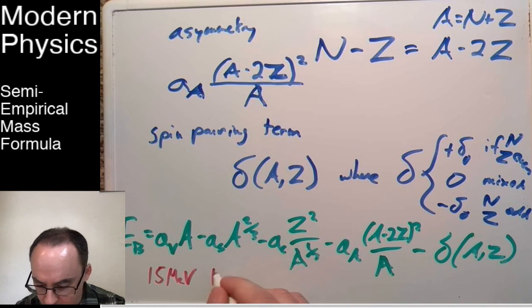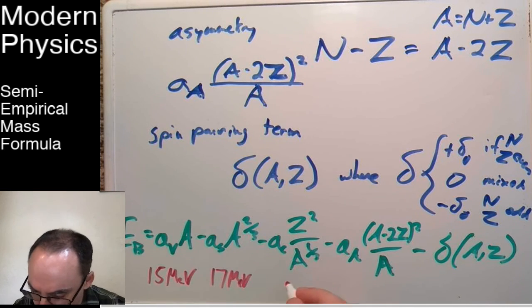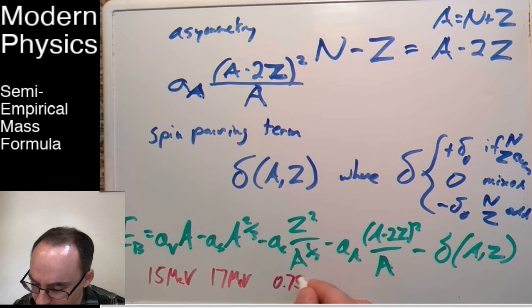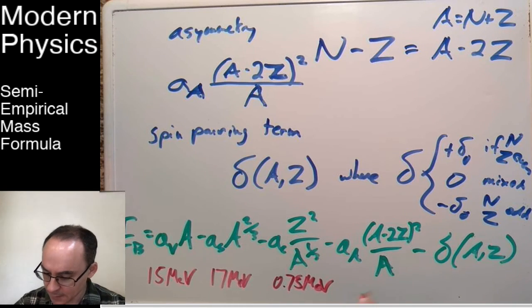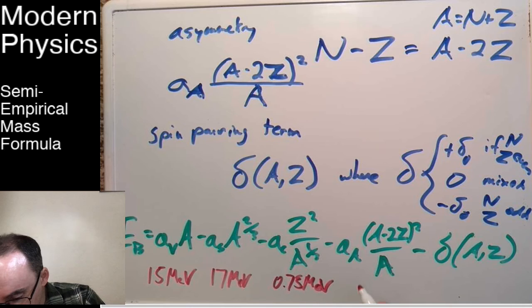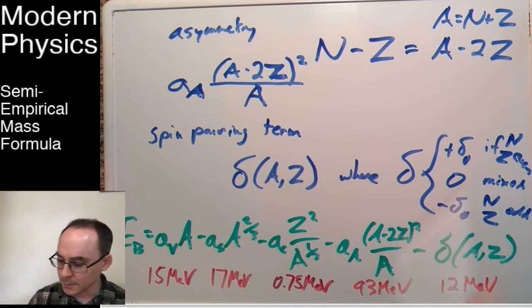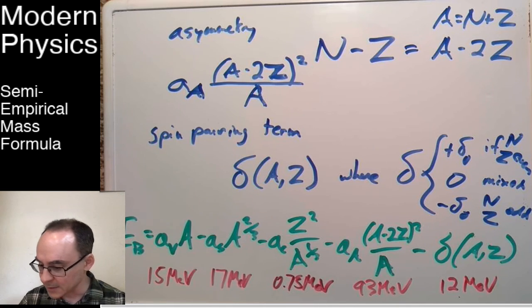The surface term, sort of 17 MeV. The Coulomb term, like 0.75 MeV. Notice that's relatively small. This asymmetry term is actually a big deal. It's 93 MeV. And then this delta term is usually something like 12 MeV, and it can be plus, minus, or 0.